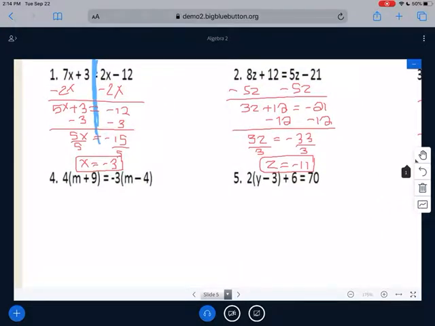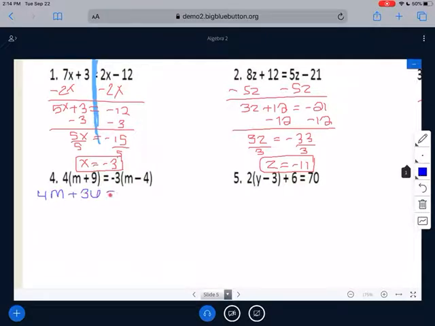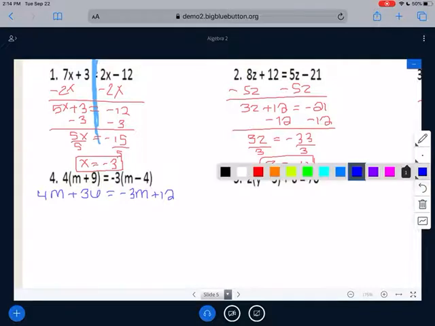And number 4, the first thing you want to do is distribute. After you distribute, now you want to start moving your variables.